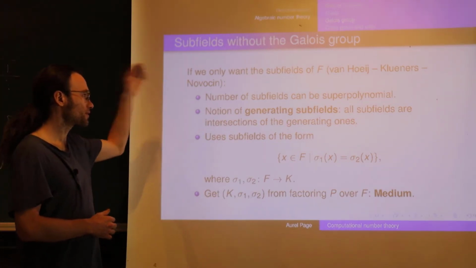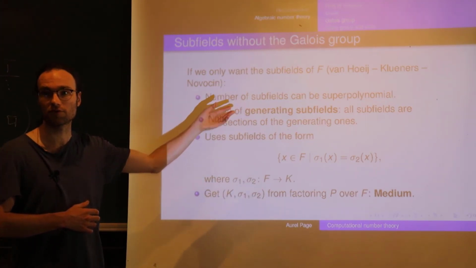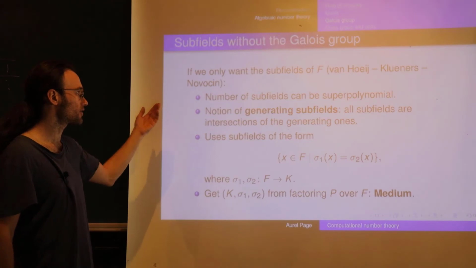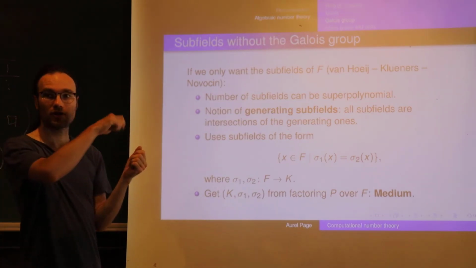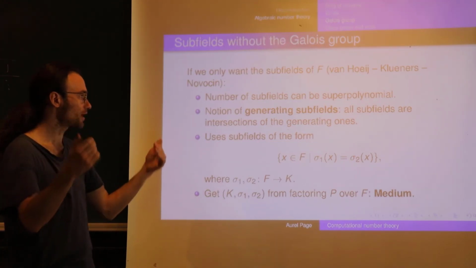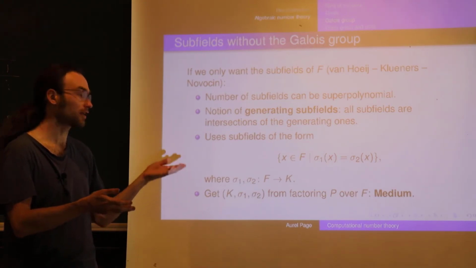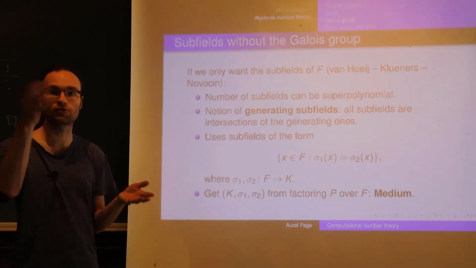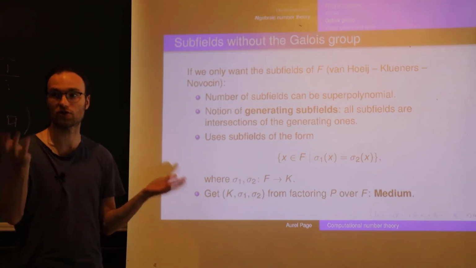So one first problem is that the number of subfields of F doesn't need to be polynomial. Actually, if you think about Q adjoin a lot of square roots of integers, and you look at what the subfields of these can be, they correspond to vector subspaces of F2 to some power, and the number of these can be like 2 to the n squared.